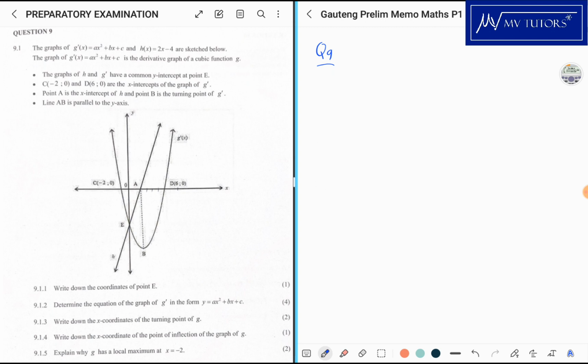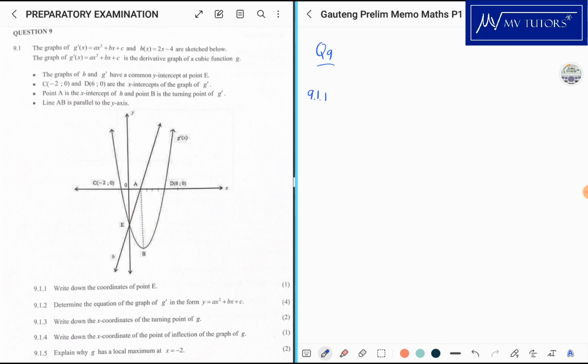The graphs of h and g prime have a common y-intercept at E. We don't know what it is, but it's fine. Then c and d are the x-intercepts of graph g. Point A is the x-intercept of h, and point B is the turning point of our derivative function. Line AB is parallel to the y-axis. So A and B have the same x value.